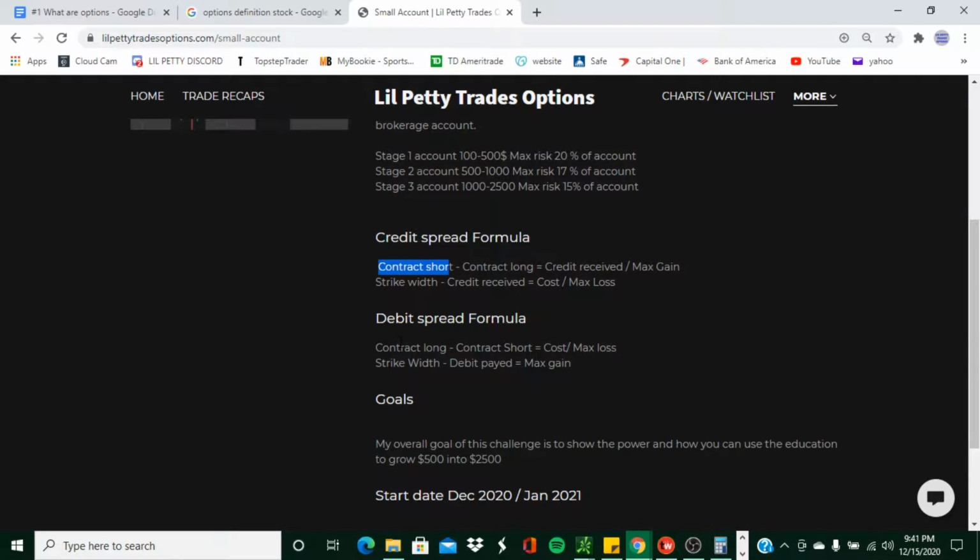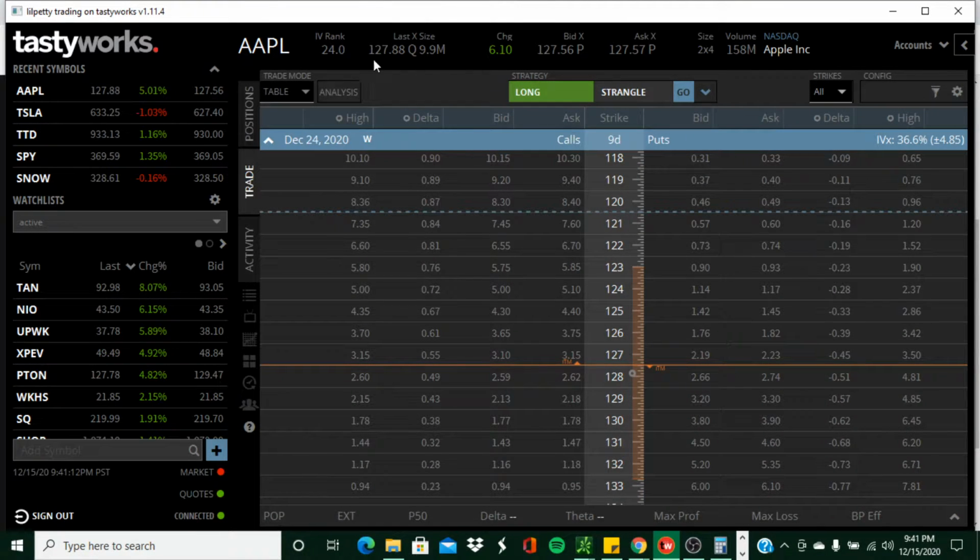The debit spread is a contract long minus a contract short, and the strike width minus the debit paid is going to be your max gain. So when we come back over here to the option chain, a debit spread is basically you're going to buy one contract at whatever strike you want to pick.